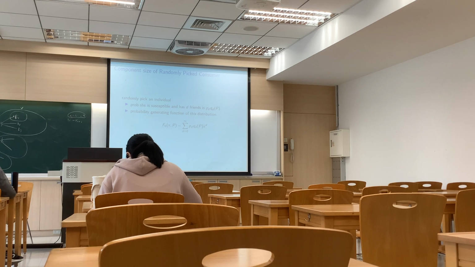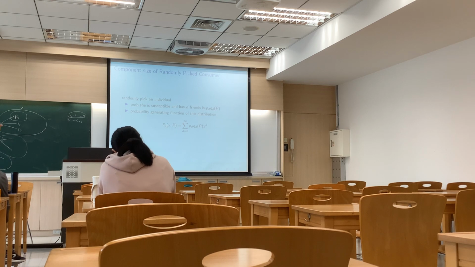The difference is that we find her friends through randomly following a link. After being informed, how many people will this friend inform?